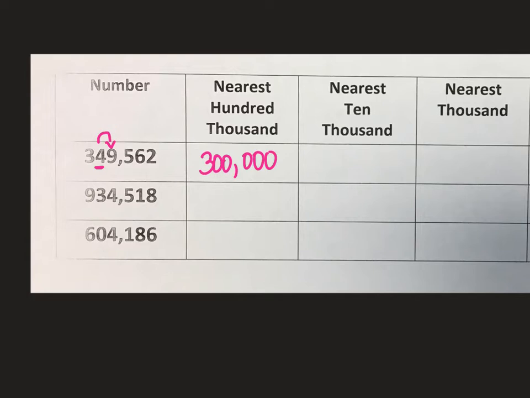So that means we take that 4 in the 10,000s place and it turns into a 5, and we keep everything before that, so we keep that 3. That 4 now becomes a 5, and everything after it becomes zeros. So 350,000. If we round this number to the nearest 10,000, it comes between 340,000 and 350,000, and this one rounds up to 350,000.